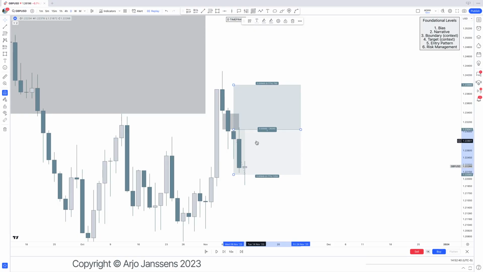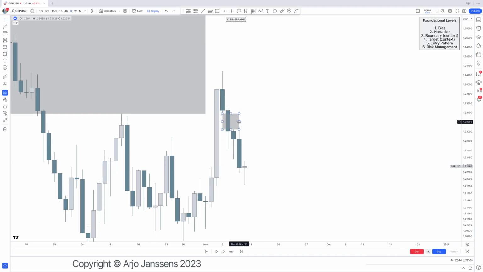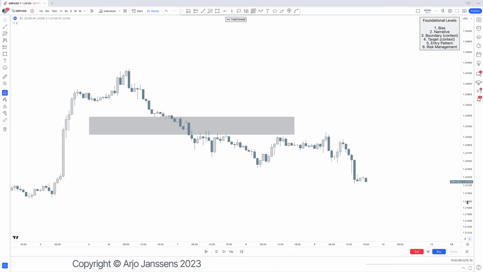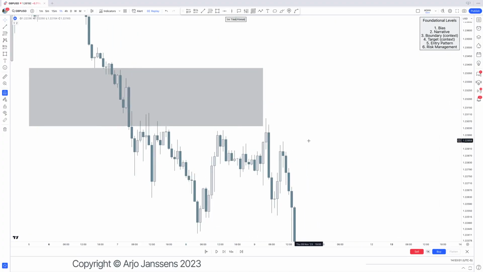Now, I do not like to enter off the daily, so I went into the 15 minutes and the 1 hour time frame right there to look at an ST on the 1 hour. I wanted to enter off the 1 hour ST right there. So in that ST, on the confirmation of that ST, we had on the 1 hour time frame another ST that is sitting right there.